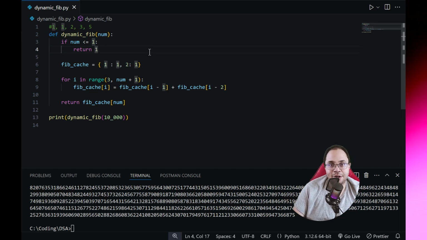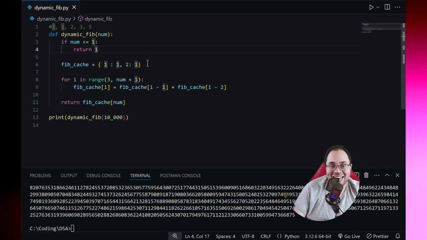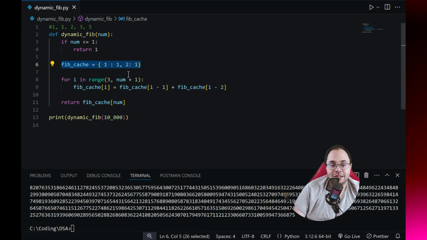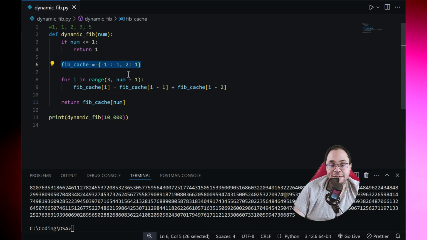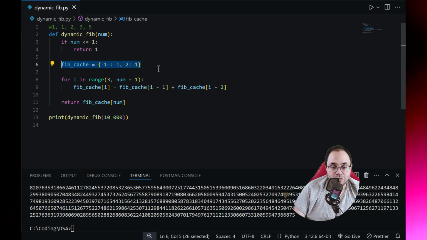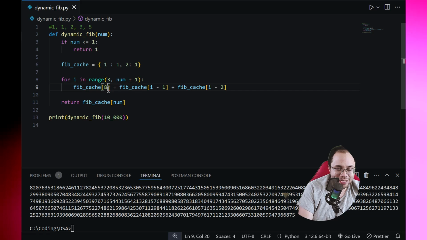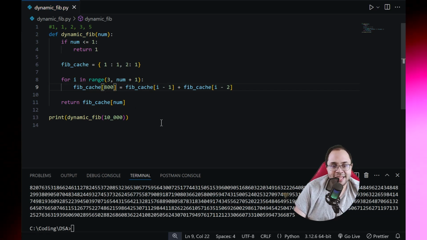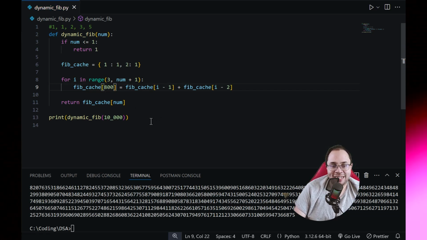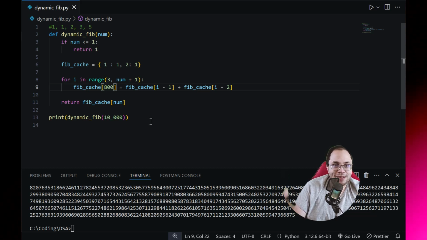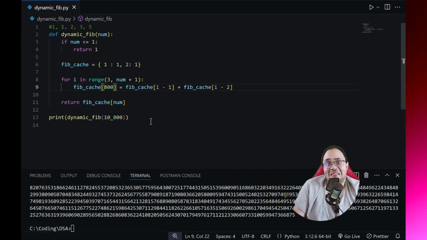Put your thinking cap on. Do we really need this dictionary here? Do we really need a key-value pair system to keep track of the information that we need? Because if you think about it, once we get the Fibonacci of, say, 800, the Fibonacci of 2 and of 4 and of 50 are not useful.